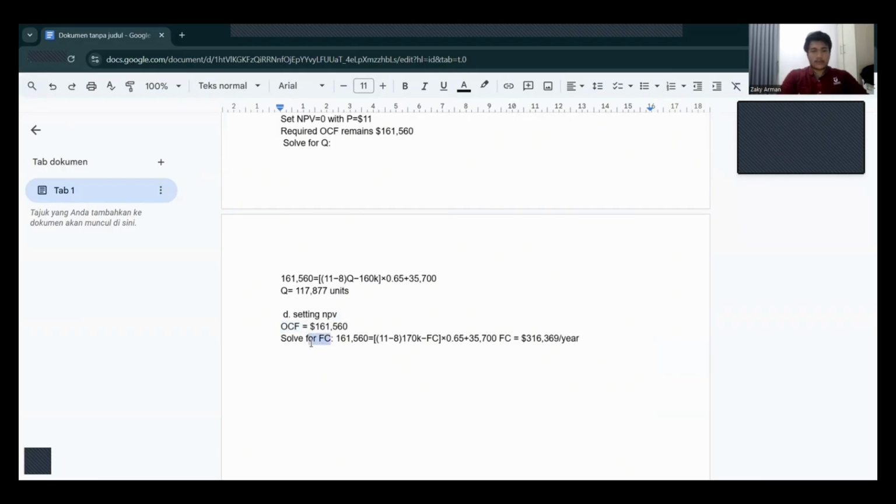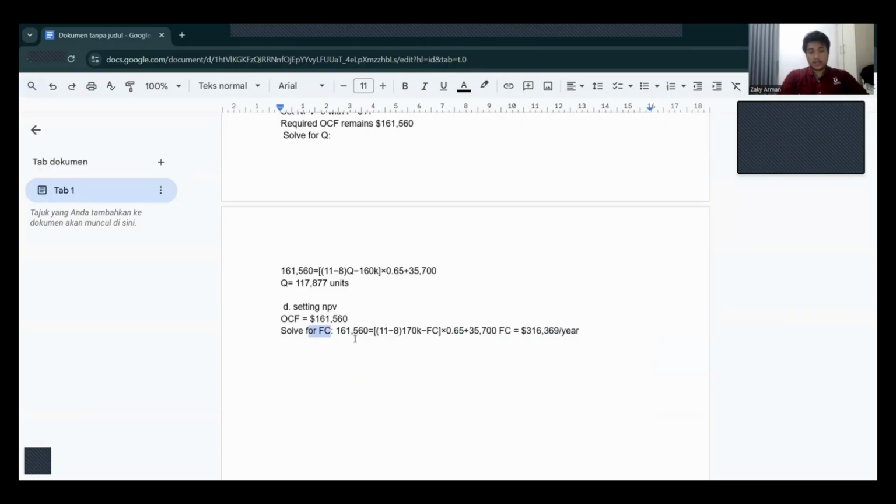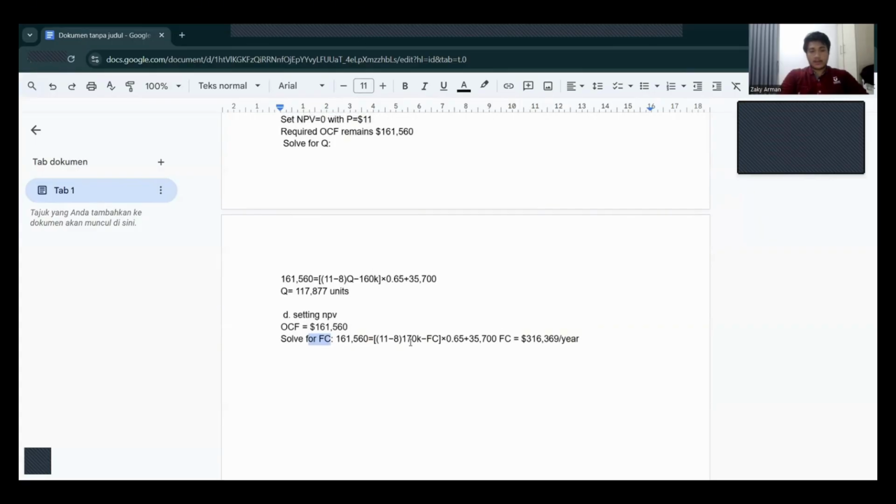First we have to solve for the fixed cost: 161,560 equals (11 minus 8) times 170,000, negative fixed cost, times 0.65, plus 35,700. So the fixed cost equals 316,369 per year.